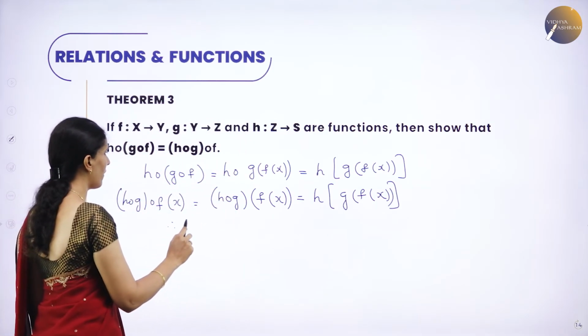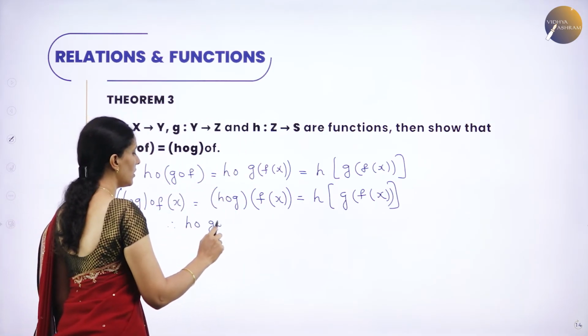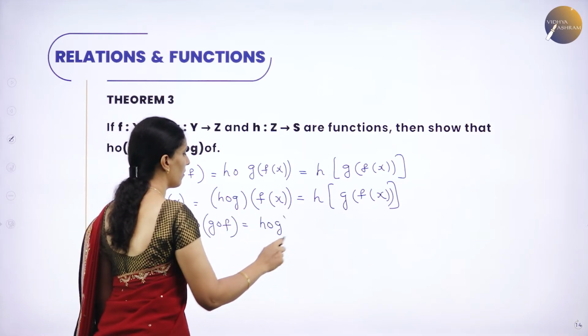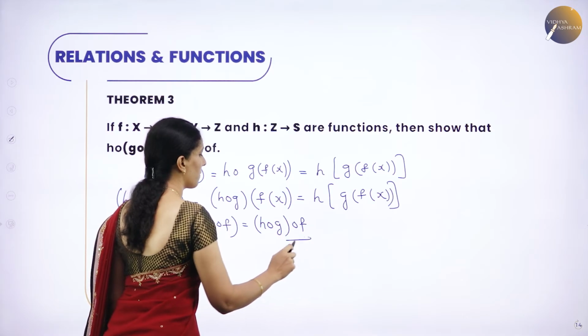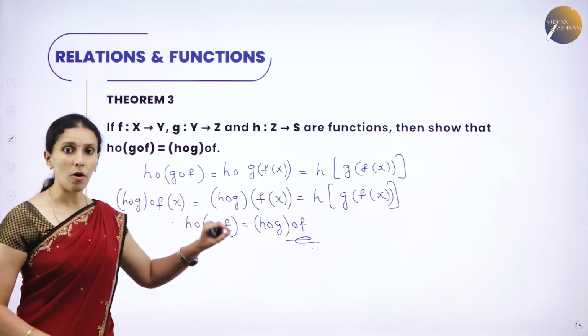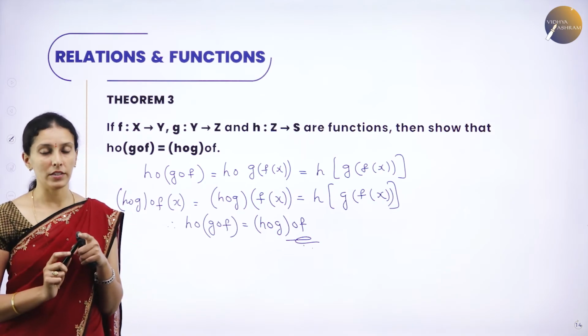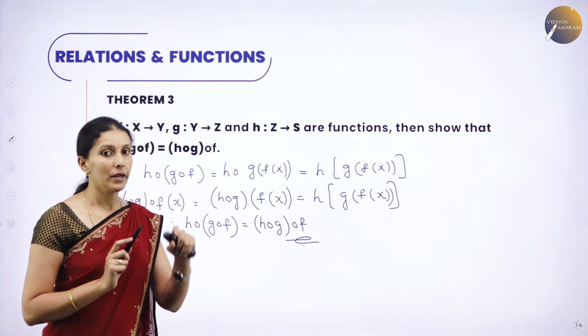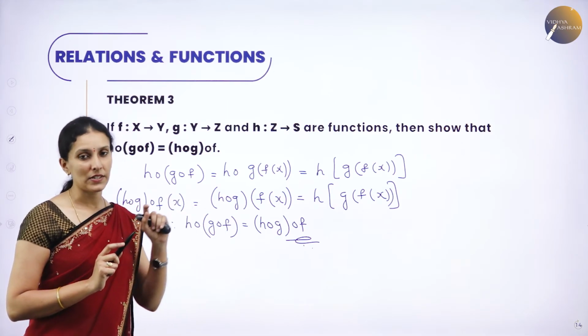So therefore I can write h naught (g naught f) is equal to (h naught g) naught f. Hence it is proved. So that is what we can say, the composition of a function is associative. Remember, the composition of a function is not commutative, but the composition of a function is associative.